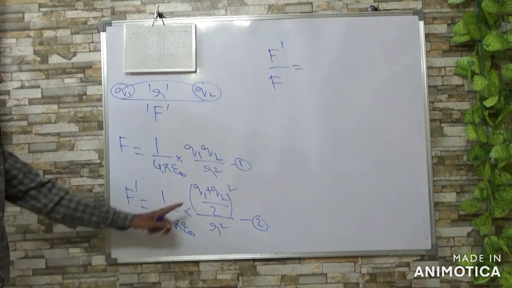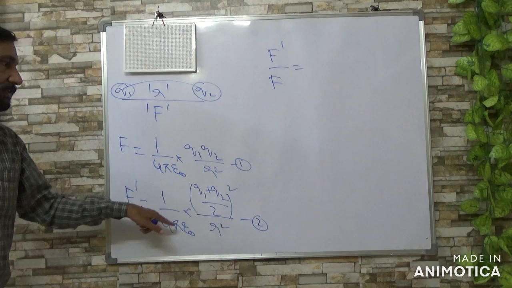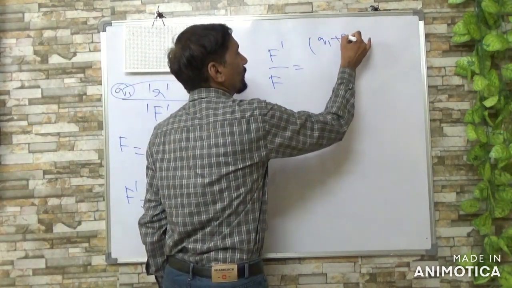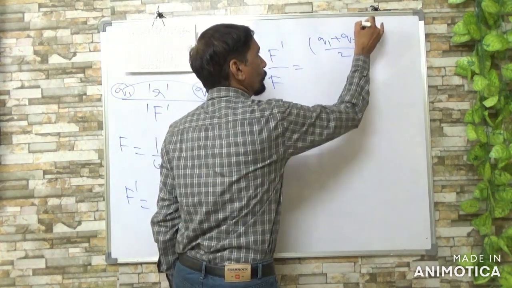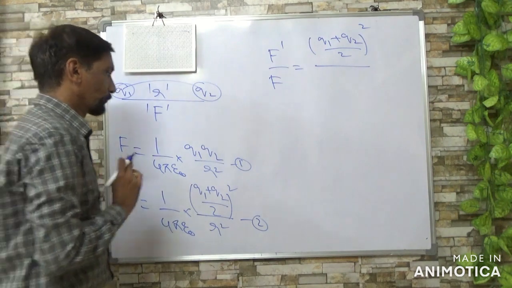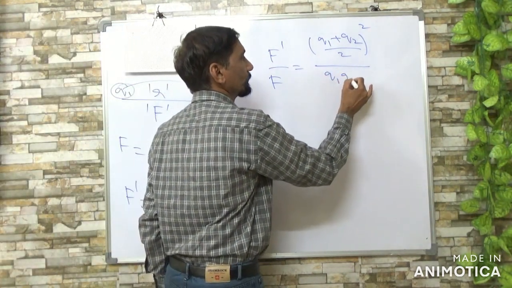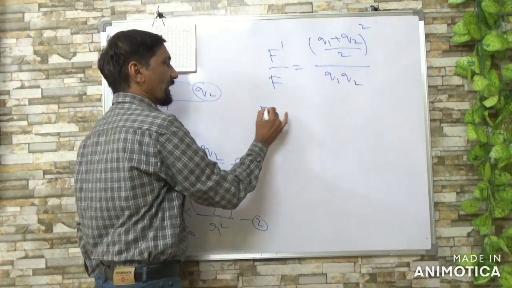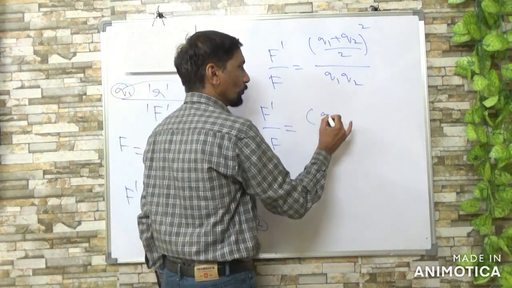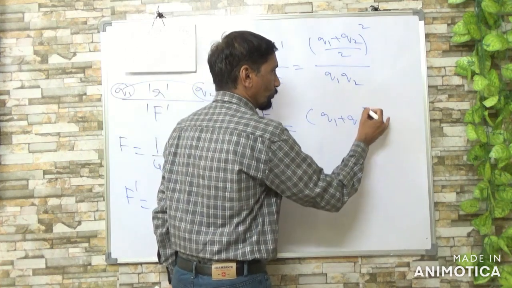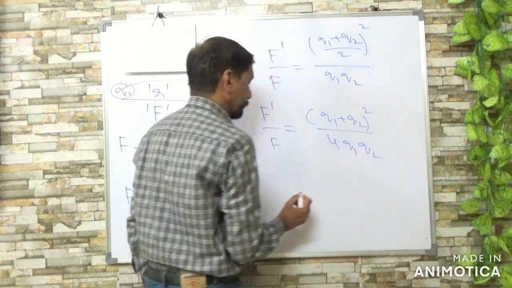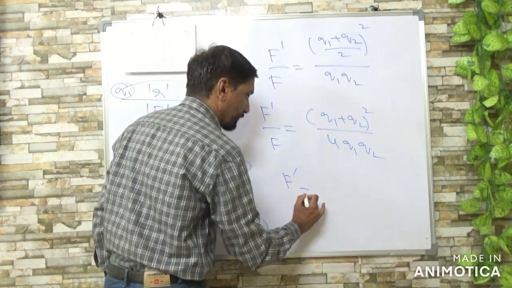So you know, the common terms are cancelled. You get Q1 plus Q2 by 2 whole square by Q1 Q2. So you get F dash by F is equal to Q1 plus Q2 whole square by 4 Q1 Q2. Or what is the new force between them?